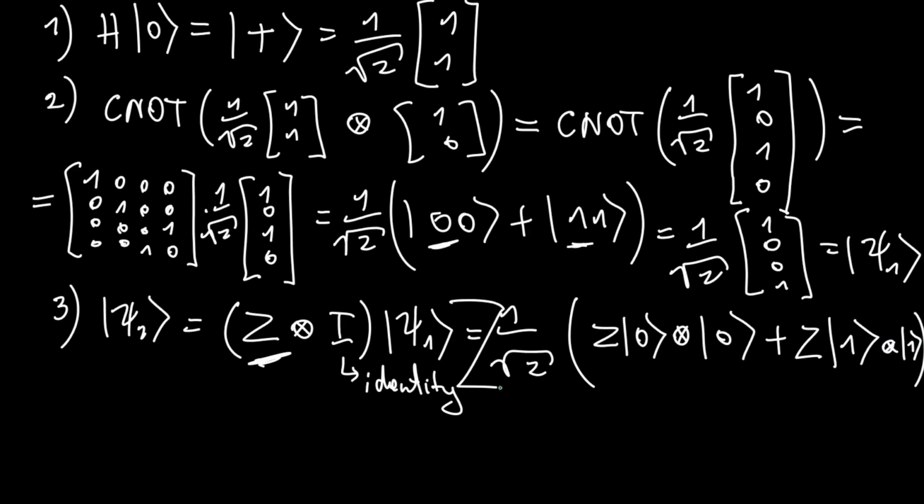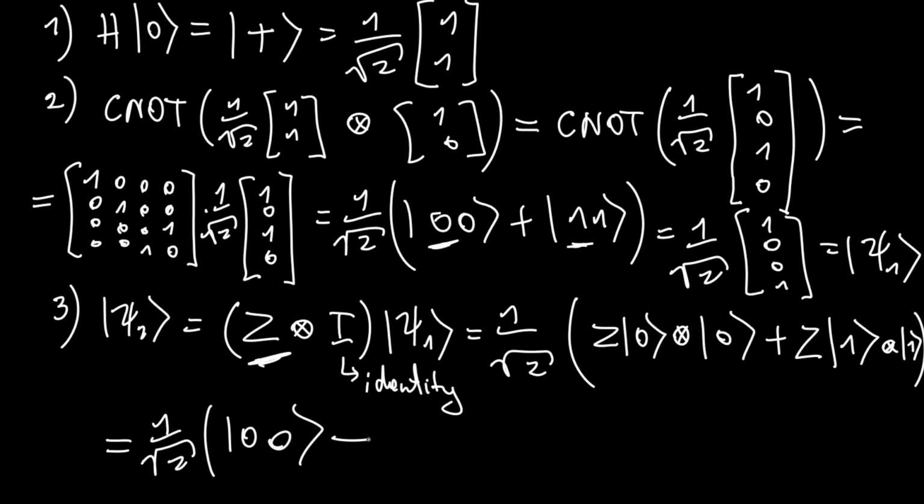So we got Z here, and when we do linear algebra, right, we can distribute Z. So now Z to 0 is 0, so nothing changes, and then Z to 1 is minus 1, so it's gonna be minus 1, and another is 1, like this.